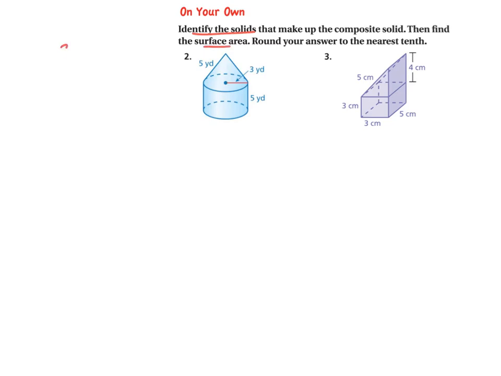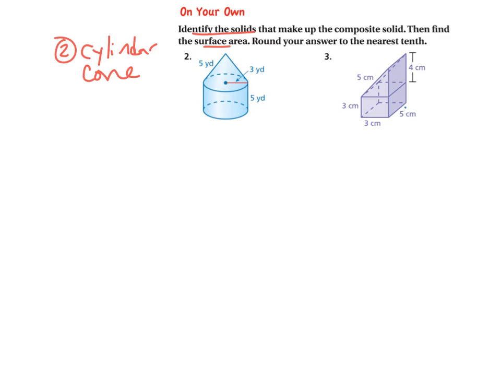So for number 2, I'm just going to stick this way in the corner here. What 2 shapes make up this solid? Well, we have the bottom portion, which would be a cylinder, and then the top part, which is a cone. So this is your key. You're going to use cylinder and cone surface areas to solve for this. Okay, for number 3 over here, let's talk about what shapes are here.